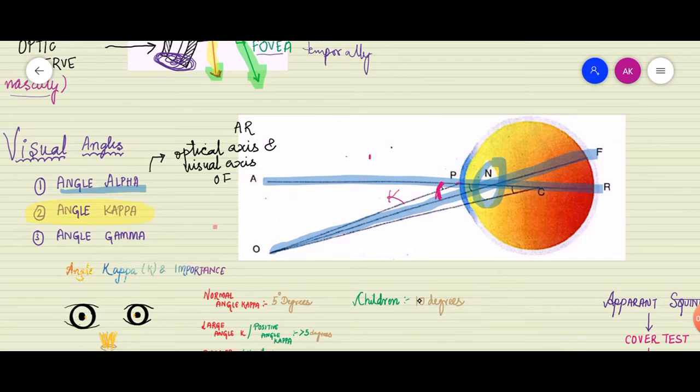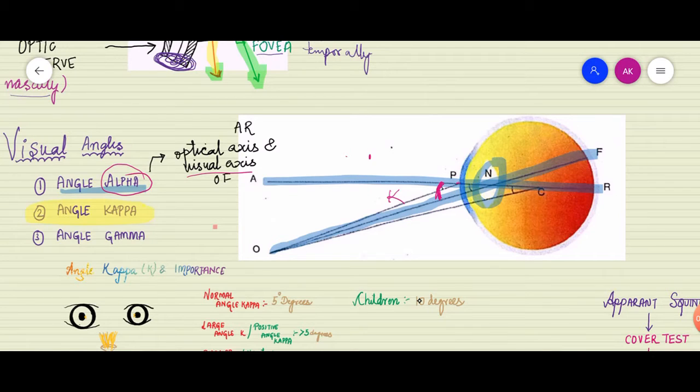So in your MCQs also you have to be very careful. Usually if they give you that the angle is formed between the optical axis and the visual axis, that could be the answer for angle kappa also. But specifically if they are asking at the level of the nodal point, they are testing you for angle alpha. In the same way, sometimes instead of saying optical axis, they will say the angle formed between the visual axis and the pupillary axis.